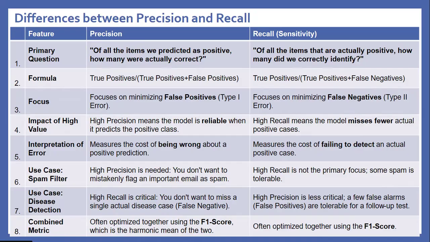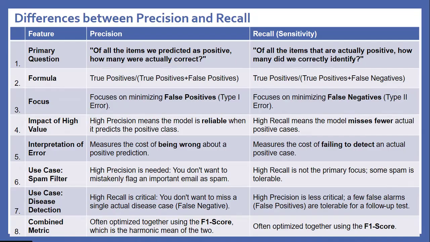Recall measures the cost of failing to detect actual positive cases. Use case: spam filter, precision. High precision is needed. You don't want to mistakenly flag an important email as spam. Recall: high recall is not the primary focus. Some spam is tolerable.